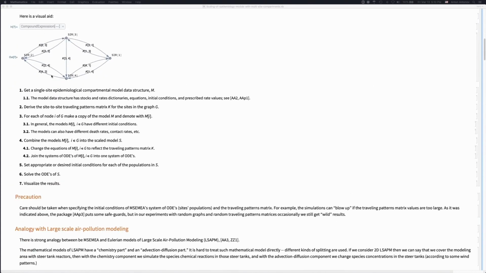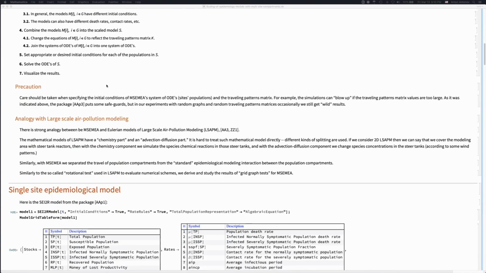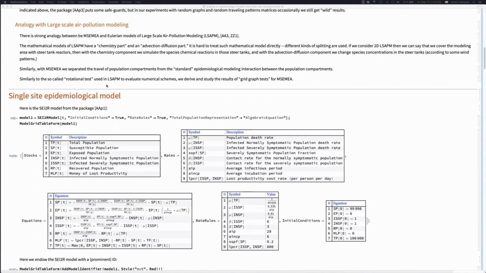Although I have been using random graphs, and the random graphs should be very close to modeling a real situation. So let me remind our audience, there is a link, we already pasted that link on the chat channel, so you can download this notebook, which has been published on the Wolfram community website. Yes, I did it this morning.